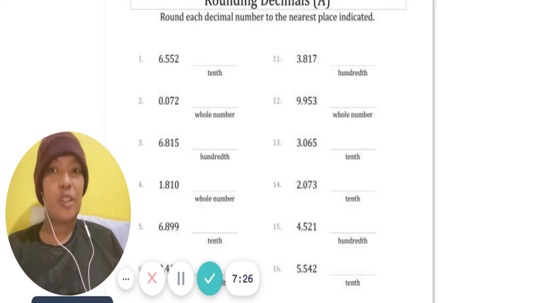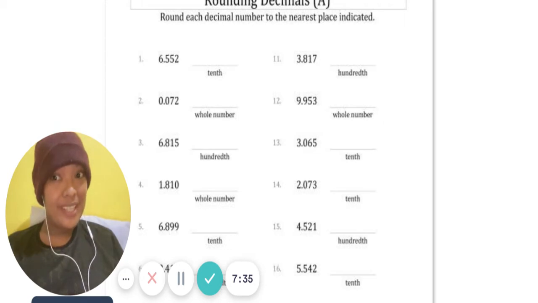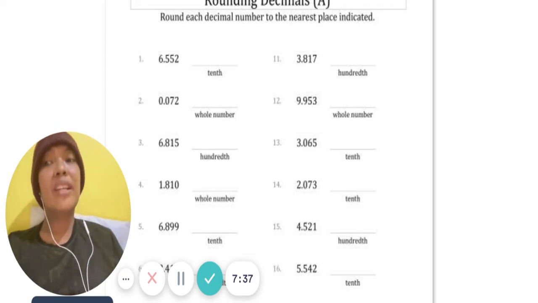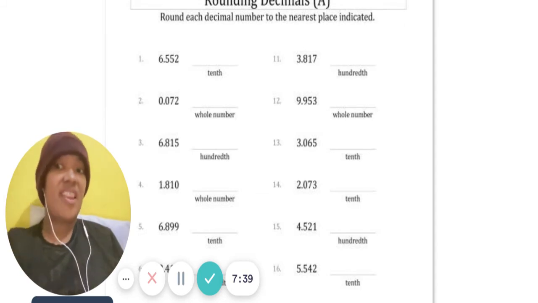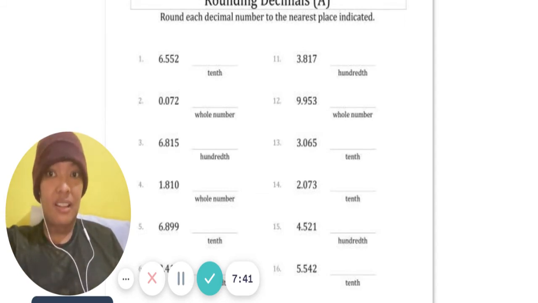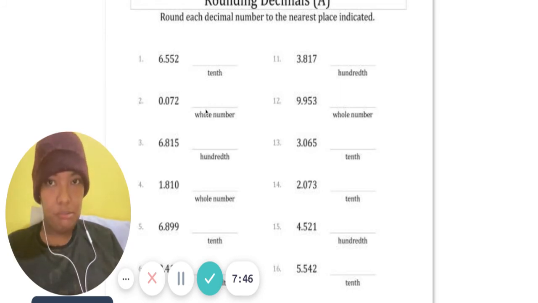Okay, that is 0. Wala kayong i-round up, wala kayong i-round down kasi 0 siya. Therefore, what will you do? Your answer is 0. Okay? You write it because we will check it later.